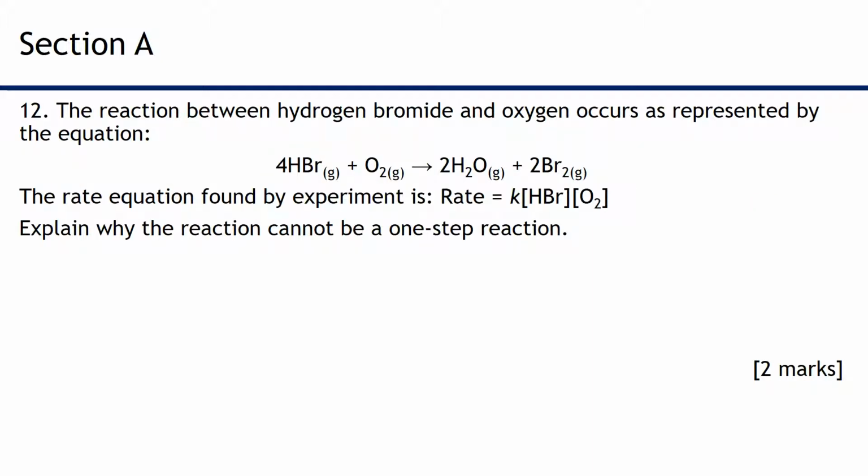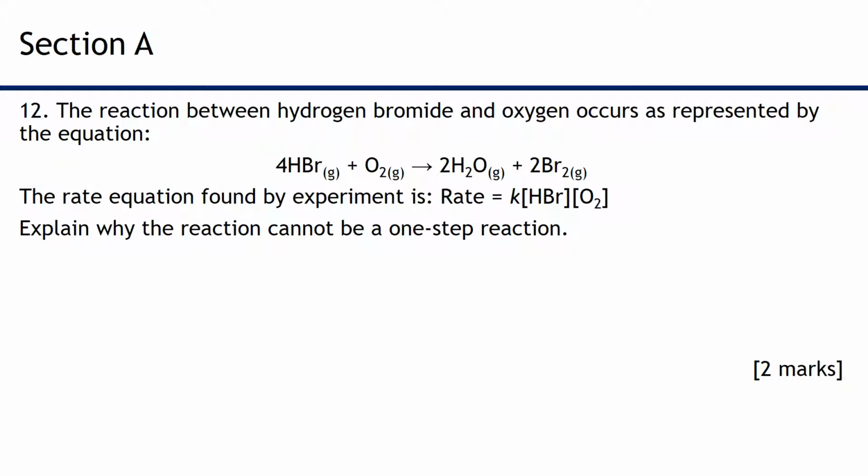Question 12. The reaction between hydrogen bromide and oxygen occurs as represented by the equation 4HBr plus O2 to give 2H2O plus 2Br2.